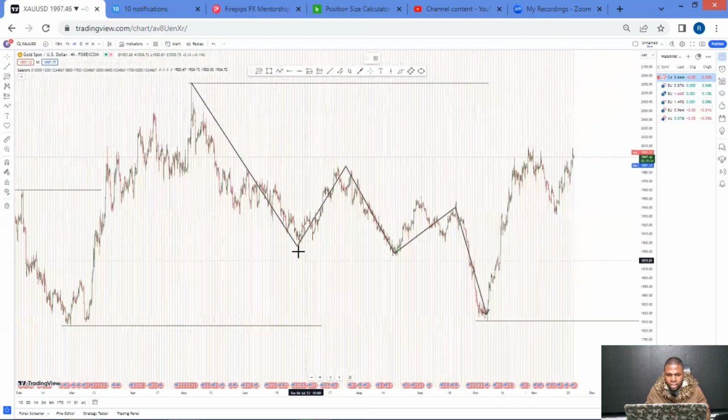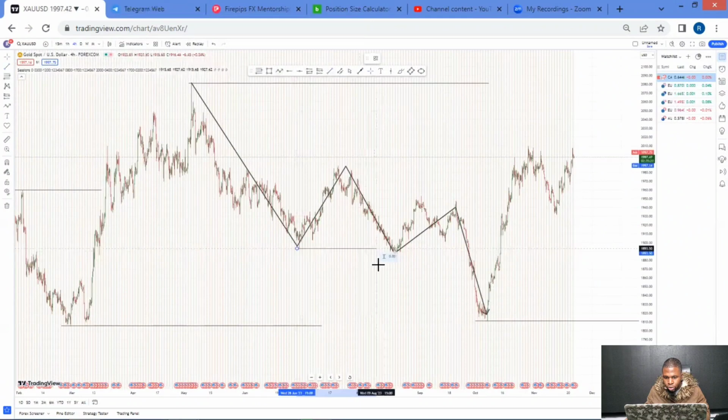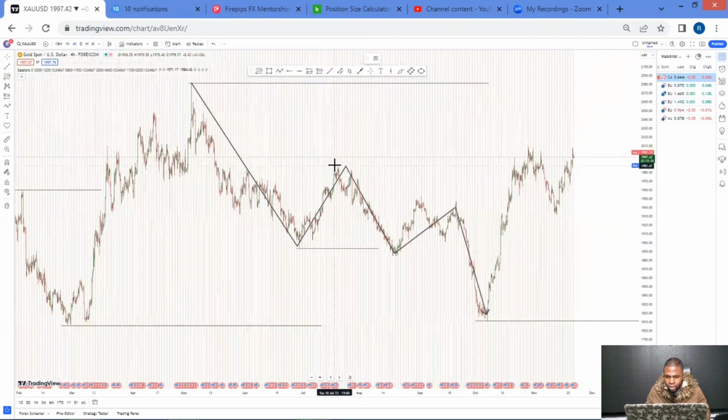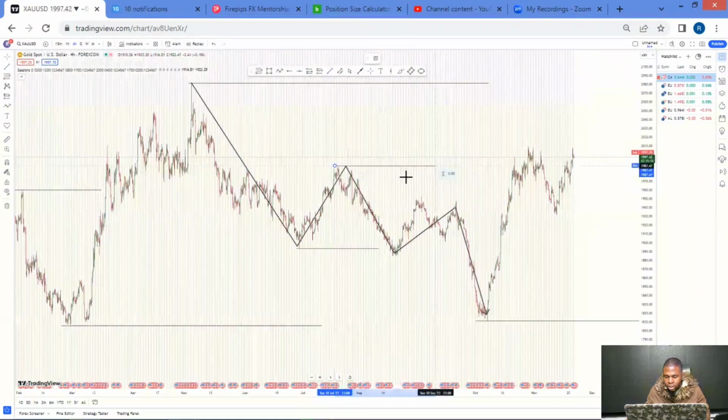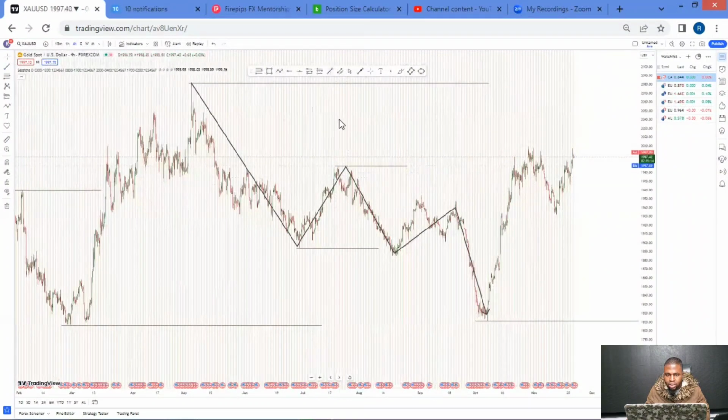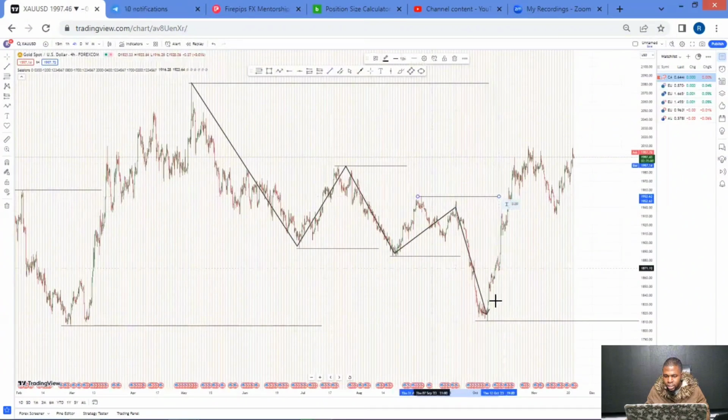This high led to this low. It was broken here. This low led to this high. This high led to this low. This low led to this high. This high led to this low. This is the lower low now.